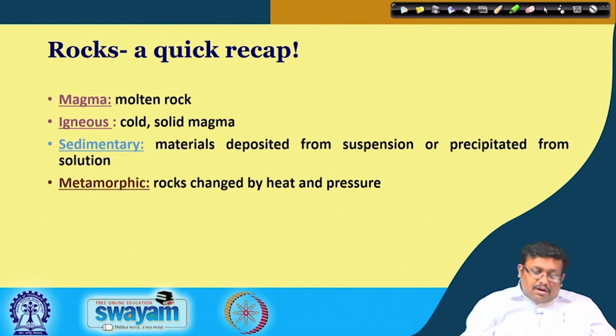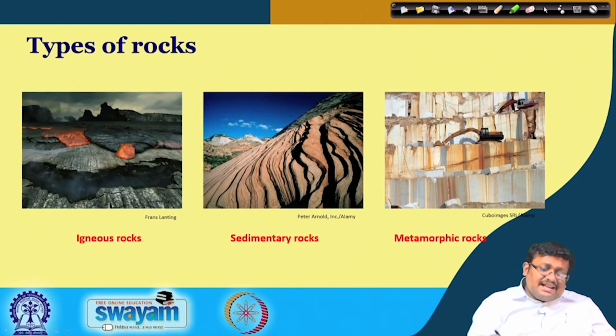Now, in the next slide I have given some pictures of igneous rock, sedimentary rock and metamorphic rock. To talk about some examples of igneous rock, granite and basalt are two important igneous rocks, or I would say the two most prevalent igneous rocks over the surface.